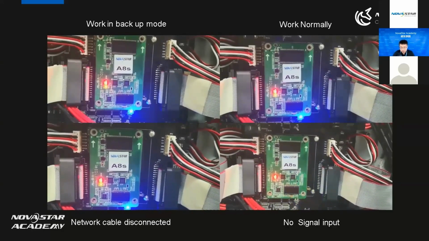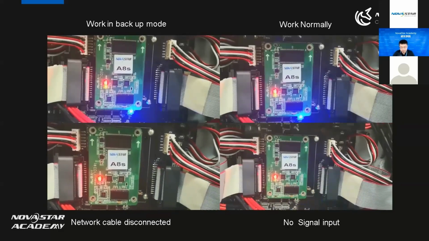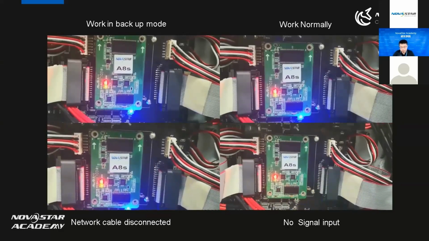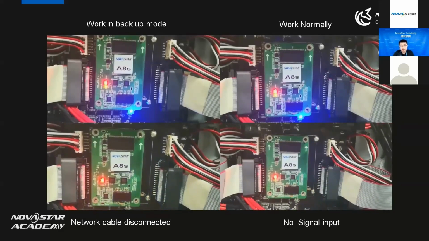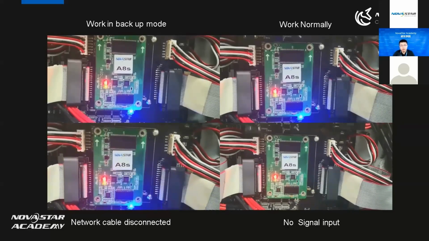But it's okay if you don't have a cell phone to take a picture because we will have the video in 2 days on our NovaStar YouTube channel. And you also can check the receiving card specification to check the receiving card indicator frequency, what kind of frequency means what kind of working condition.